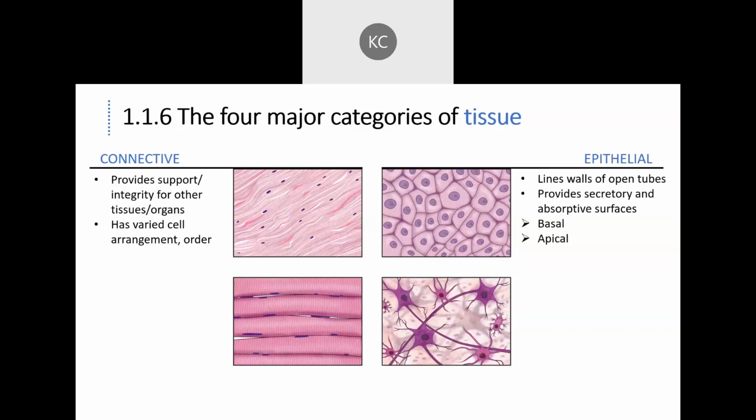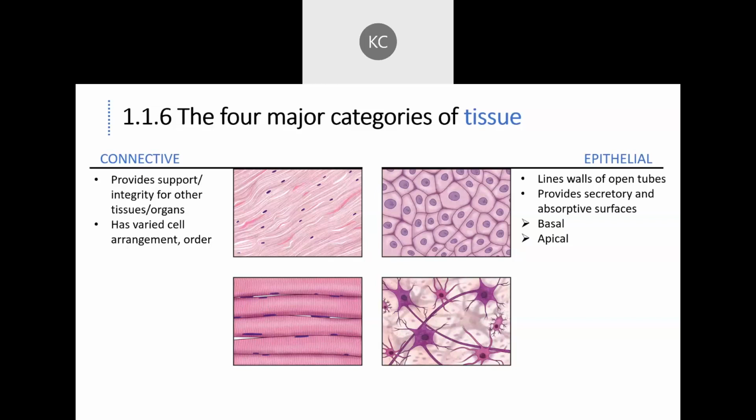These epithelial tissues are going to be in contact with the external environment in some way or another. In some contexts, this is very easy to understand. In other contexts, it's a little bit more difficult, when we get into things like the digestive tract and maybe parts of the kidney as well. But we'll talk about that.